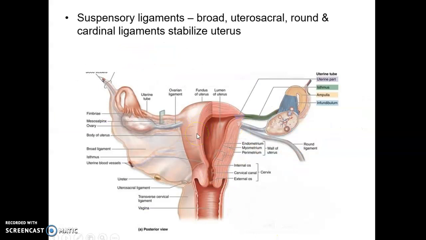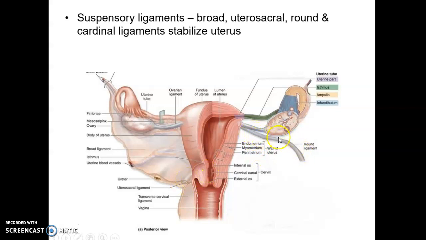The uterus is held in place by suspensory ligaments. There's a broad ligament seen here. The uterosacral ligament goes posteriorly towards the sacrum.